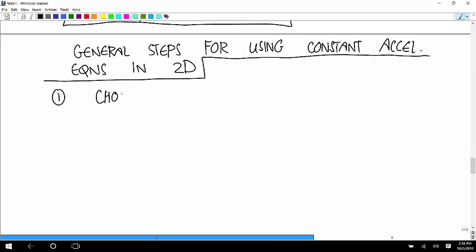And we still have to choose the time equals 0 instant and the time final instant. And then the other two are choosing a 0 position and a positive direction. What do you think those are now in 2D? That's right, exactly.